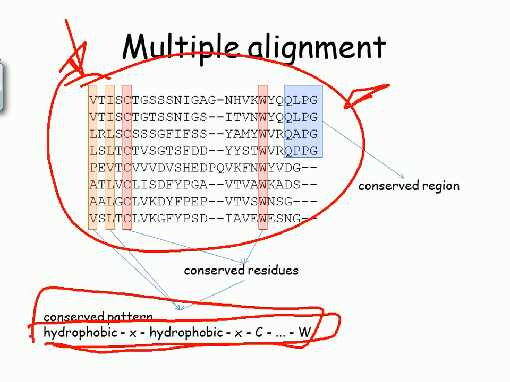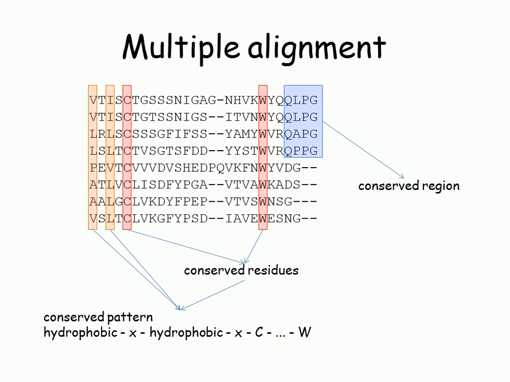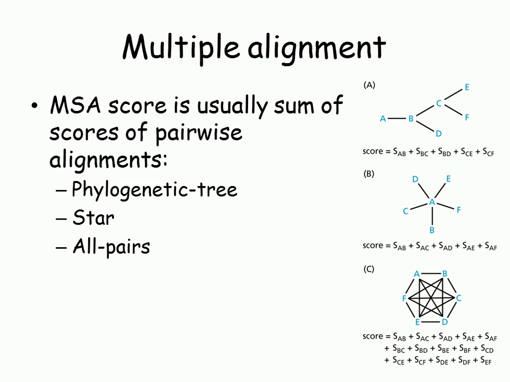It's a more concise representation of what's important for that protein. And we will see different ways of representing patterns. Some of them are readable, some of them are more numerical, and we don't really care so much about what those numbers are.